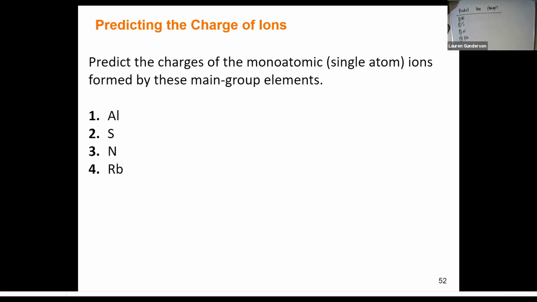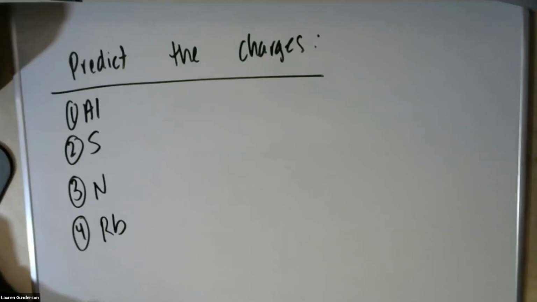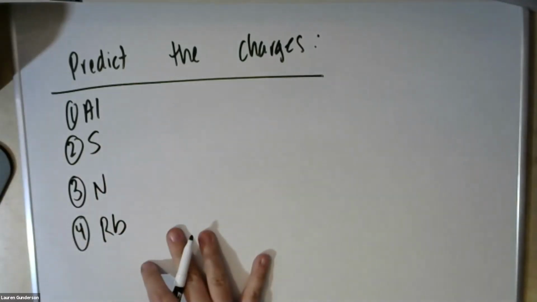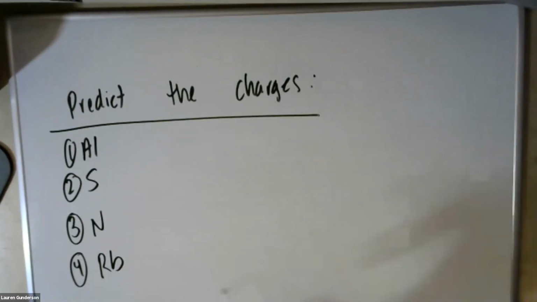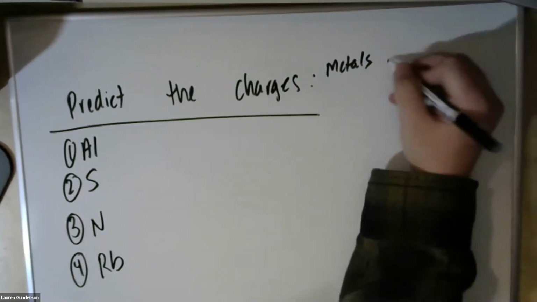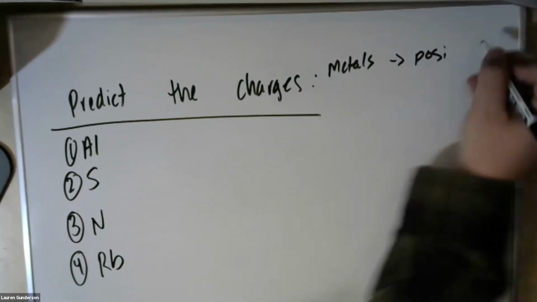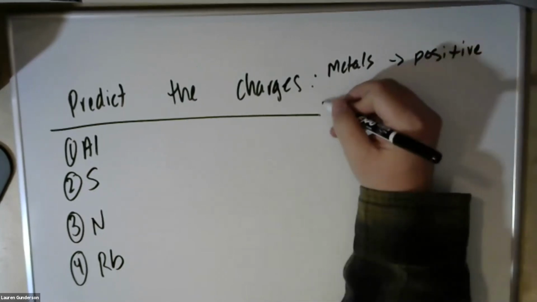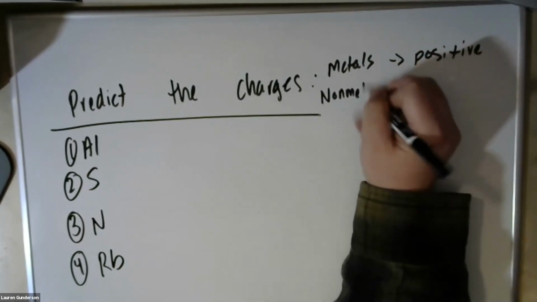The first thing to do is to go through each of these elements and determine whether it's a metal or a nonmetal. That's because your metals are all going to have a positive charge and your nonmetals are going to have a negative charge.